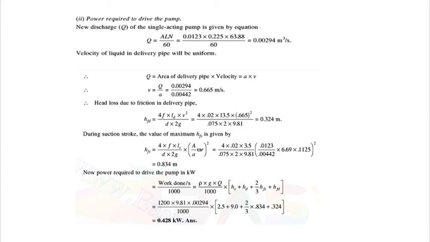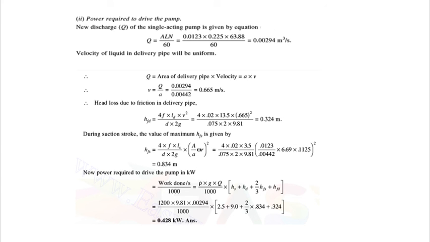Now the power required to drive the pump in kilowatt is work done per second divided by 1000. Work done per second is rho g Q into total head acting on the reciprocating pump. Rho is the density, Q is the discharge of the single acting pump, HS is suction head, HD delivery head, HFS is frictional head in suction pipe, and HFD is frictional head in delivery pipe.